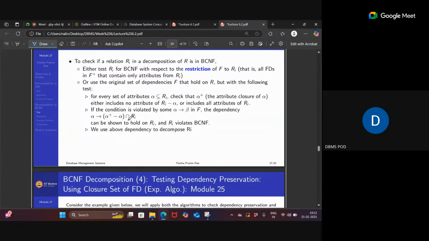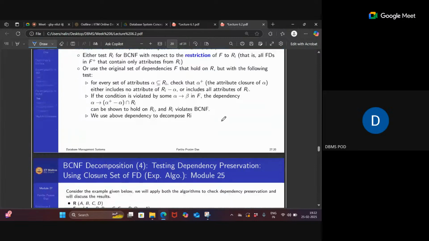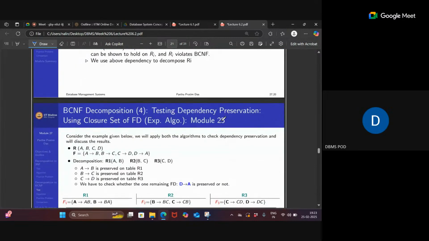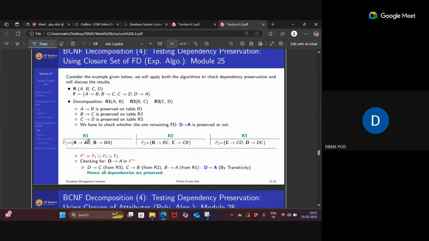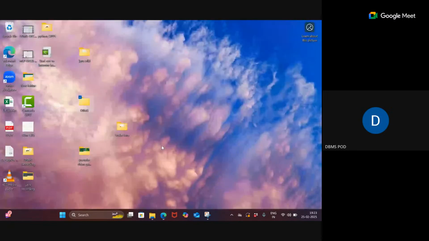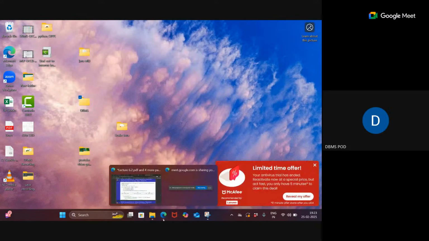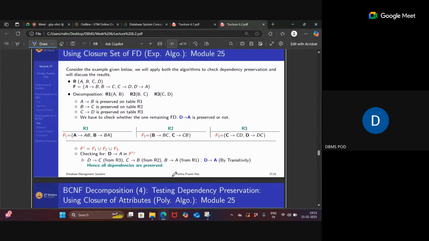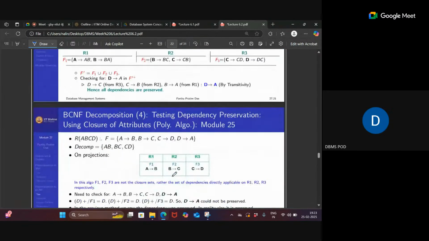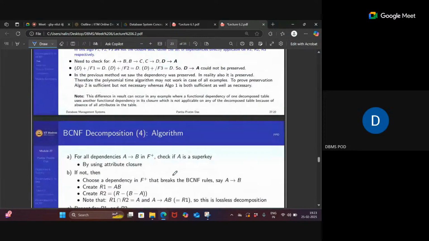If the condition is violated, then we say it is not in BCNF. You can check this example also, whether it is in BCNF or not. If it is not, check whether the decomposed relations are in BCNF.